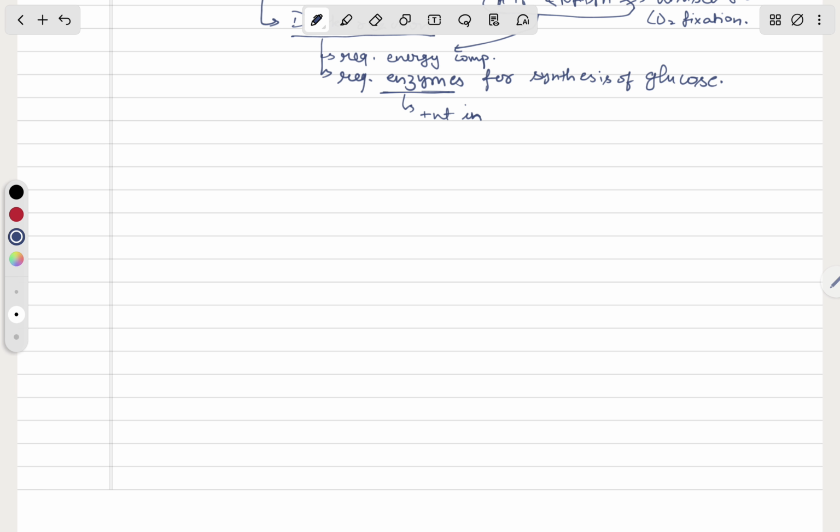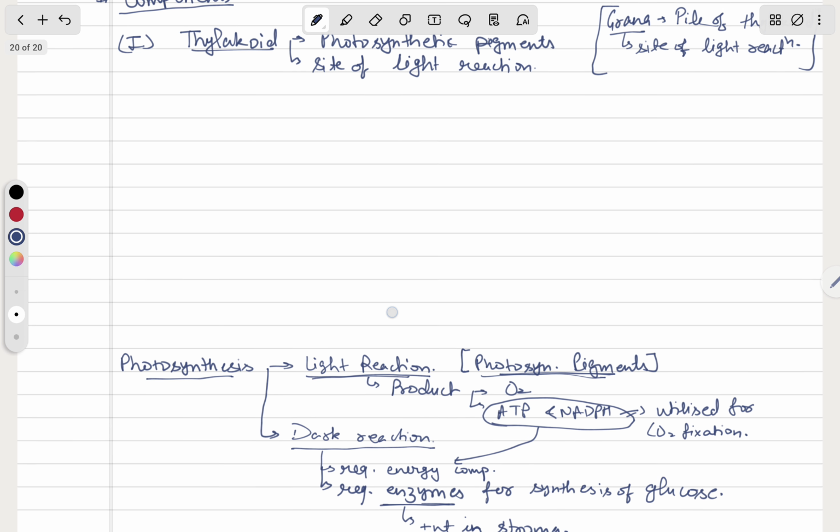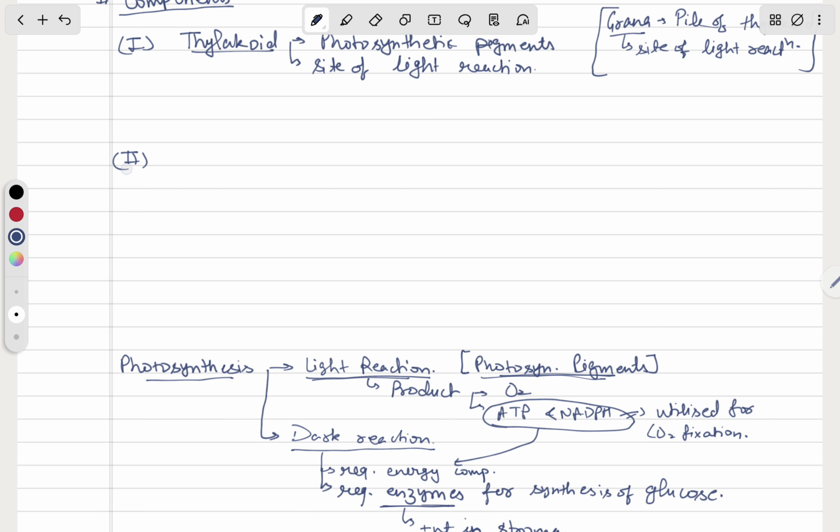These enzymes are present in stroma. So we can say that the second component, stroma, is the site of dark reaction. These two points are very important. What is the site of light reaction? What is the site of dark reaction? The site of light reaction is thylakoid or grana. But the site of dark reaction is stroma, because the enzymes for carbon dioxide fixation are present in stroma.